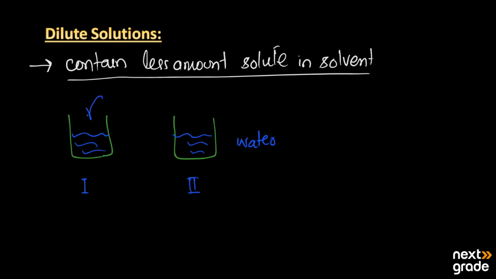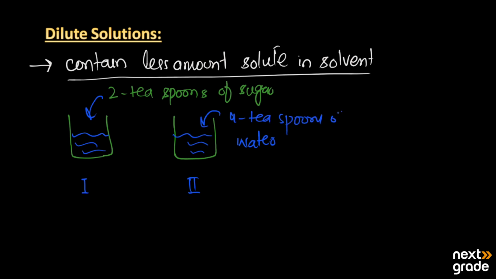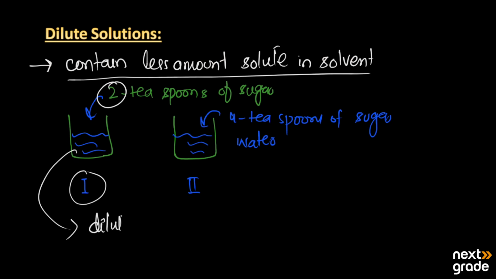In beaker 1 we are going to add 2 teaspoons of sugar, and in beaker 2 we are going to add 4 teaspoons of sugar. Then beaker 1, as it has 2 teaspoons of sugar, this solution that we get is known as a dilute solution, because it has less amount of solute as compared to beaker 2. So this is called the dilute solution.